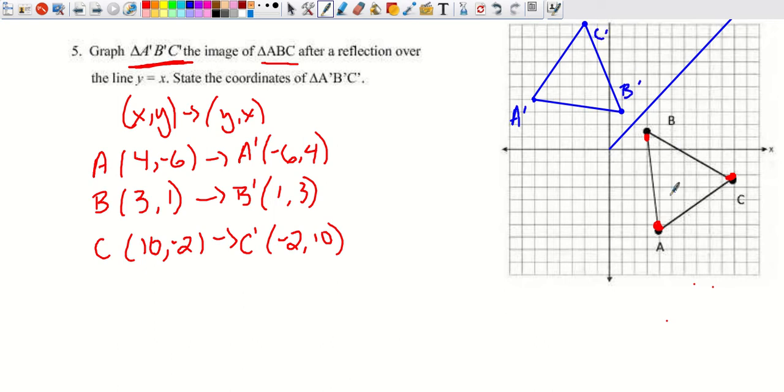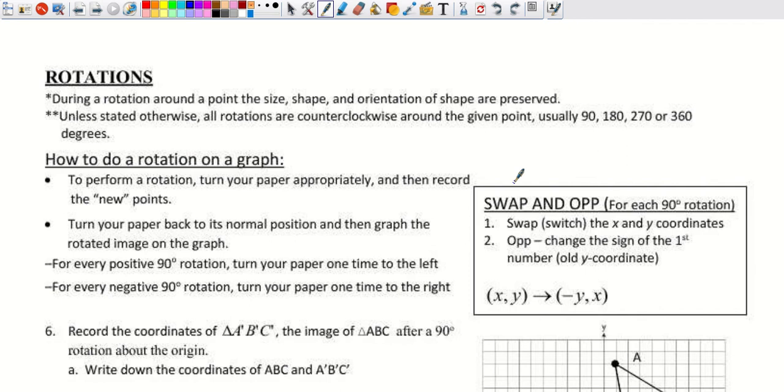Now, when we do the next part, when we do rotations, we're going to notice that when you did a reflection, the points are like mirror images. So if I were to swing on a rotation and turn this figure, then point C should end up where A is, and A should end up where C is. So how you tell the difference between a rotation and a reflection is to take a look at the coordinates.